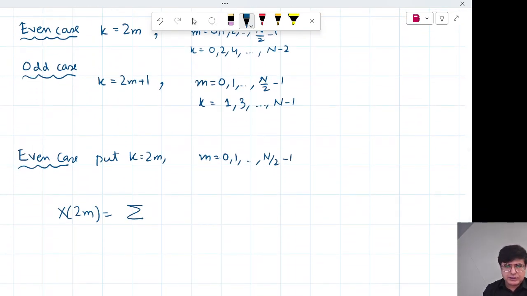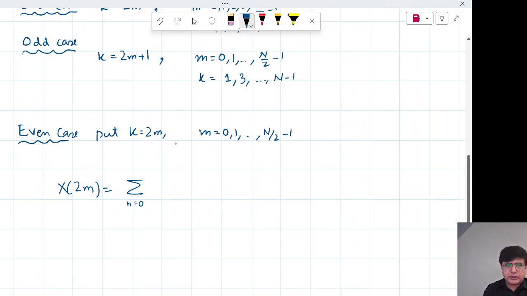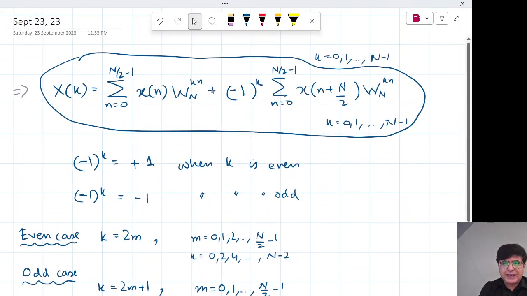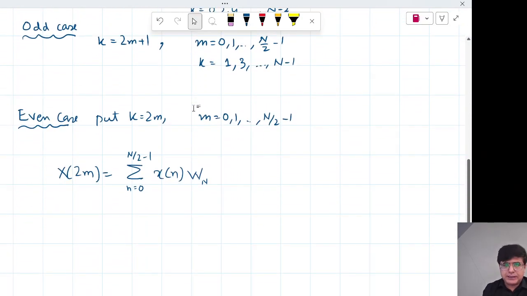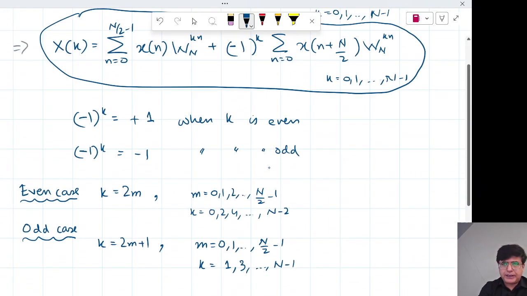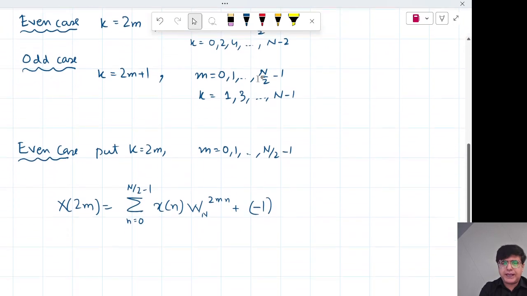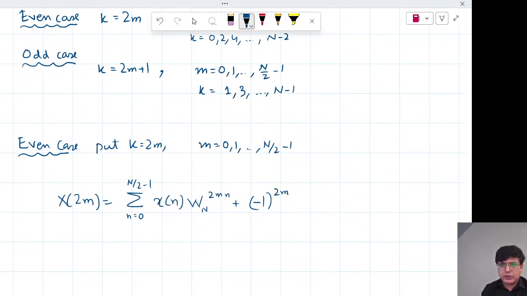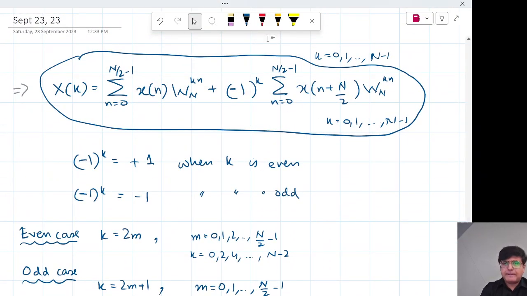The sum n goes from 0 till n over 2 minus 1, then I have x of n w subscript n to the power, here I have k times n, right. So in place of k times n, I will just replace it with 2mn, and then I have plus minus 1 to the power k over here. So in place of minus 1 to the power k, I will just replace it with 2m, and then I have this sum again, but the only place where k appears is over here.